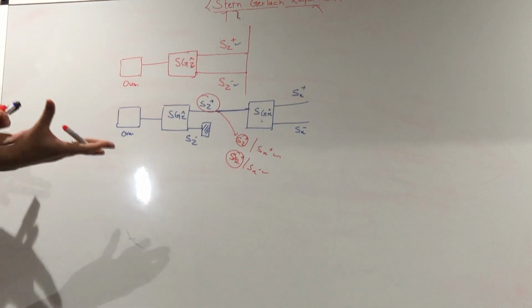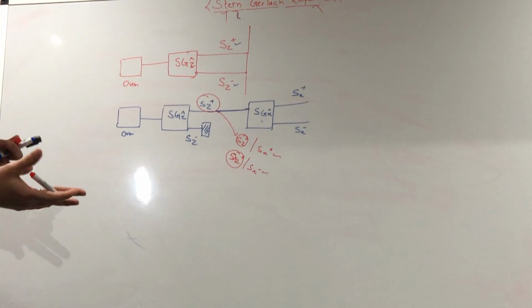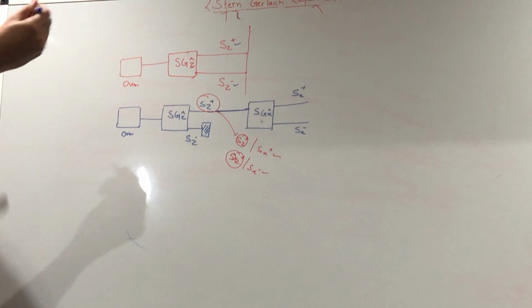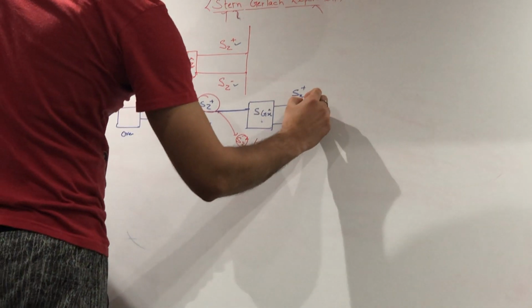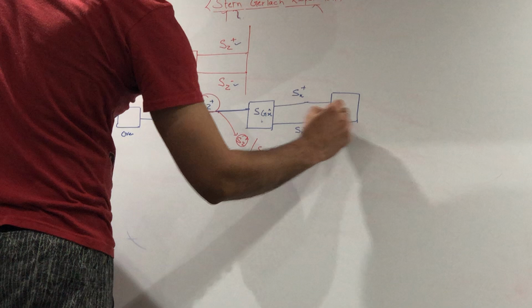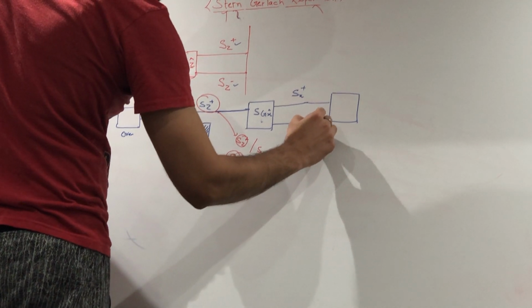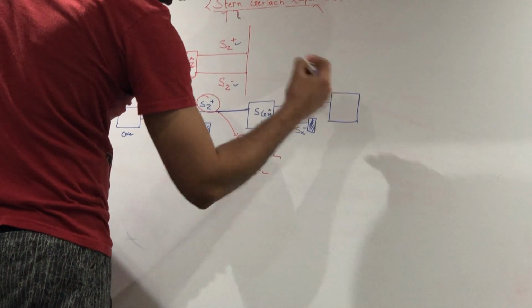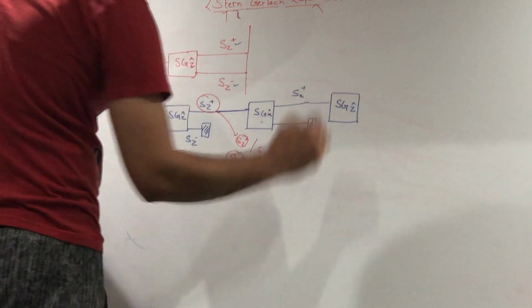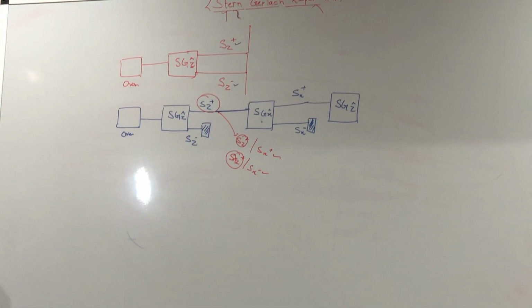Now this SX positive beam is allowed to pass through, this one I block, and I pass it again through SZ positive.